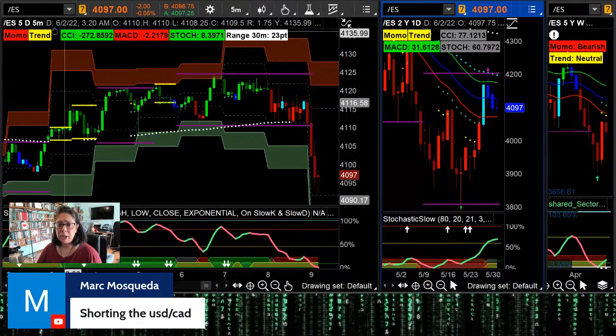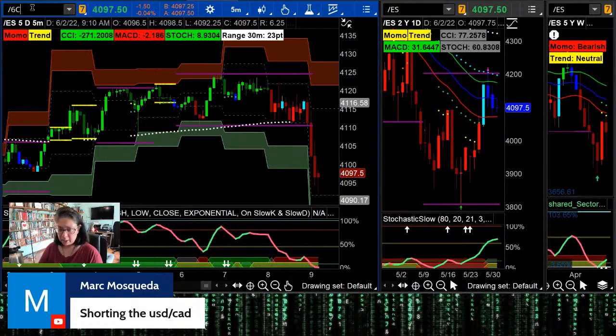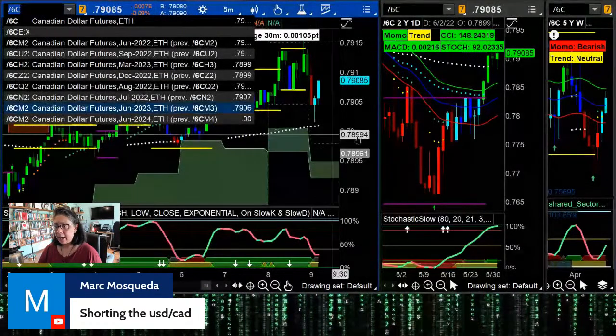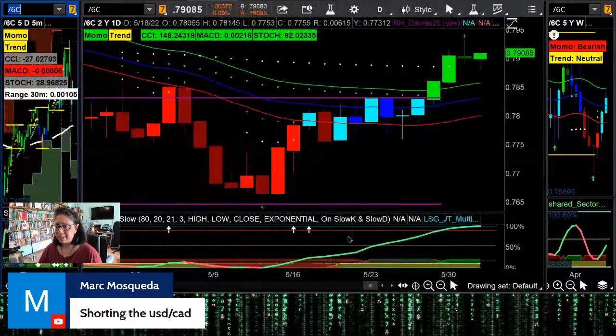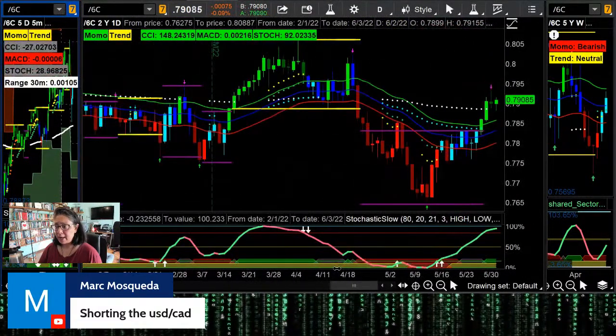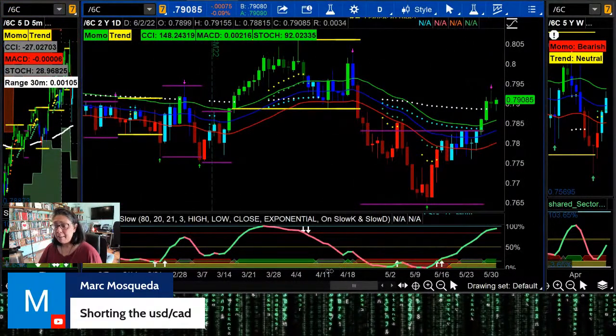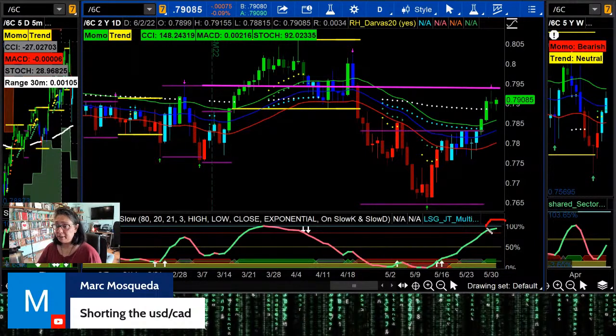What about shorting the US dollar, Canadian dollar? I don't know that in terms of daily, I have a great setup for it, but it would be an overbought short, preferably in sync with resistance. So I think it's a legit consideration.